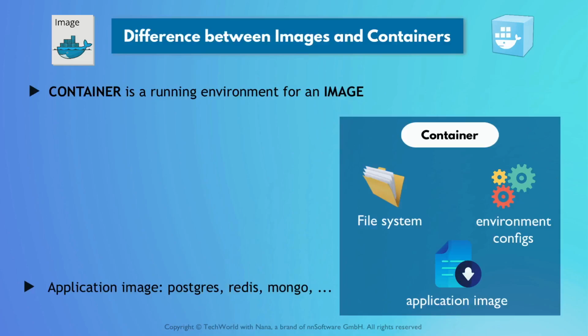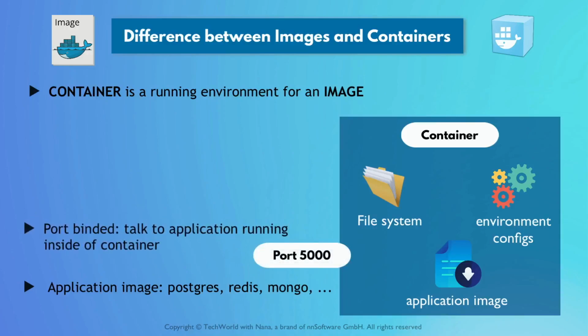It also needs some environmental configuration like environmental variables and so on. So all of this environmental stuff are provided by a container. And container also has a port that is binded to it, which makes it possible to talk to the application which is running inside of a container.